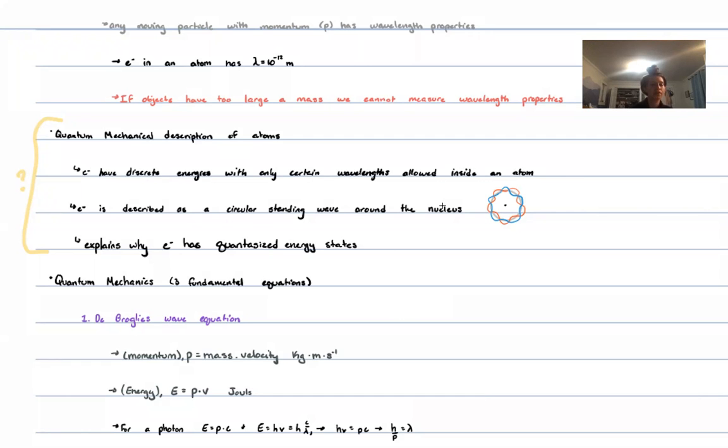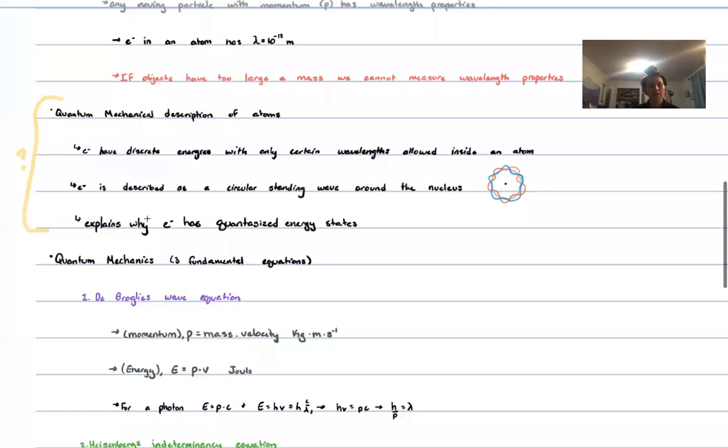So you have to have that select energy, whatever wavelength it is, match the distance between the n=1 and the n=2 jump. And this kind of helps explain why each electron has a specific energy state.